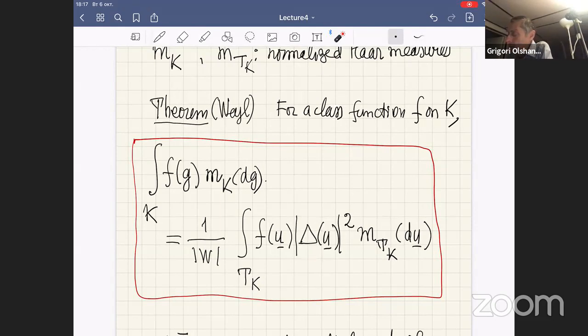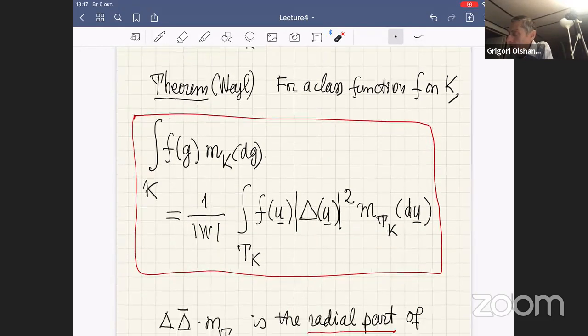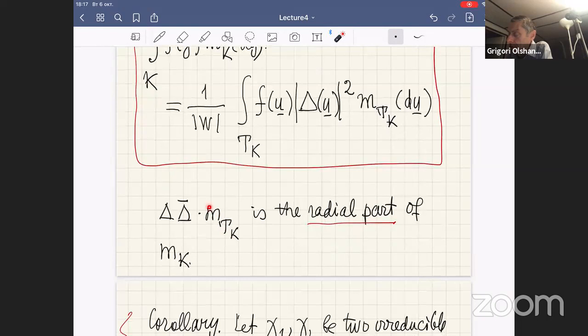One can say that this measure multiplied by this function is the radial part of the Haar measure. So the situation is similar to this one.